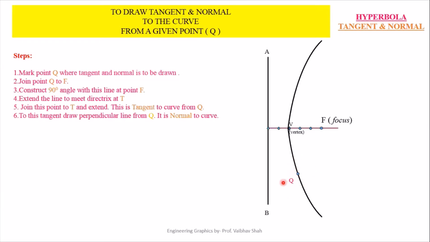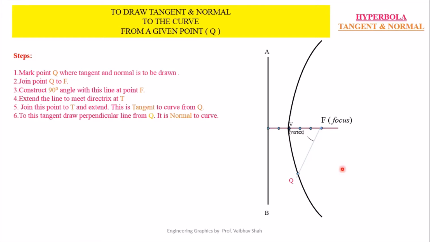After getting this point Q somewhere on the curve, you have to simply join this point Q with your focus point F. So now let us join your point Q with your focus point by a straight line. After joining this point Q with the focus point, the next task is to construct 90-degree angle at your focal point.